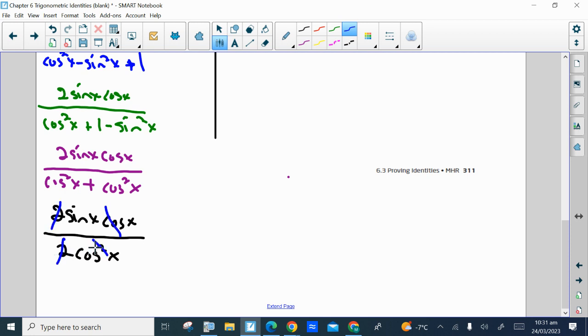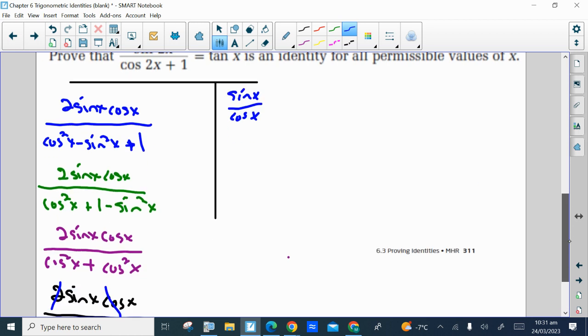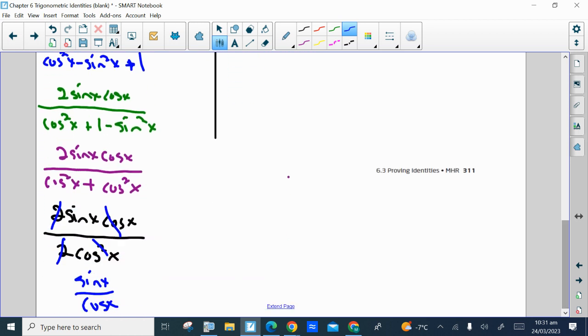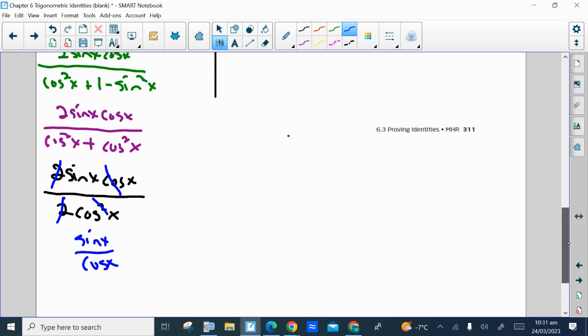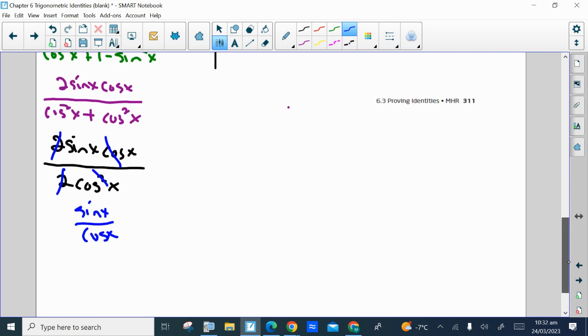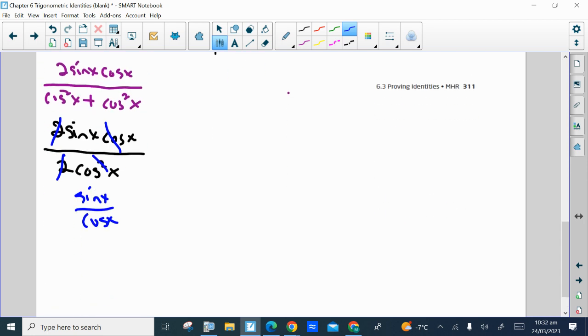We can divide top and bottom by 1 factor of cosine x, and we're left with sine x over cos x, which is what we had on the right from the tangent. So that one is done. Right? We've shown that we had the same expression on both sides. We've proven the identity, which means that it's true for all values of x except where we have non-permissible values.